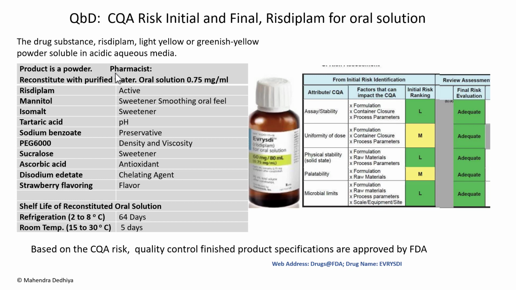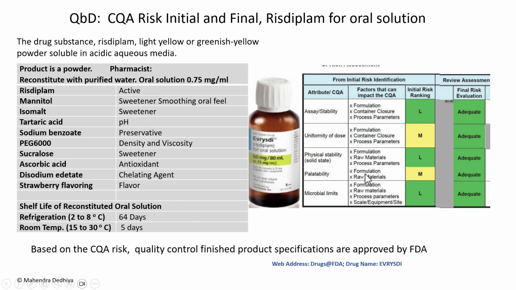Physical stability, solid state, formulation, raw materials, polymorphs, particle size, process parameters, they were looked at, and initially they were classified as low. Palatability: the drug has a taste, not palatable, and this was classified as a medium risk.